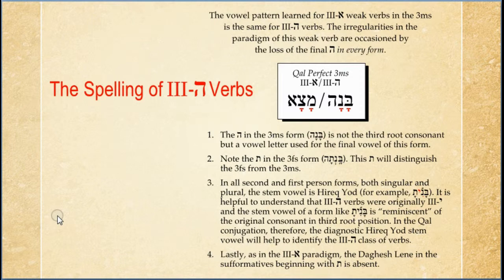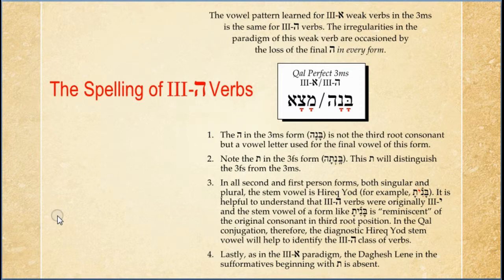Also, a distinctive hirik yod in the stem vowel will appear. And that's helpful to remember, that when the hey is in third position, the hirik yod is going to be present. So while it is similar, both of these situations that we've been looking at are a third position weak letter in a verb, how hey behaves is different from the way aleph behaves.